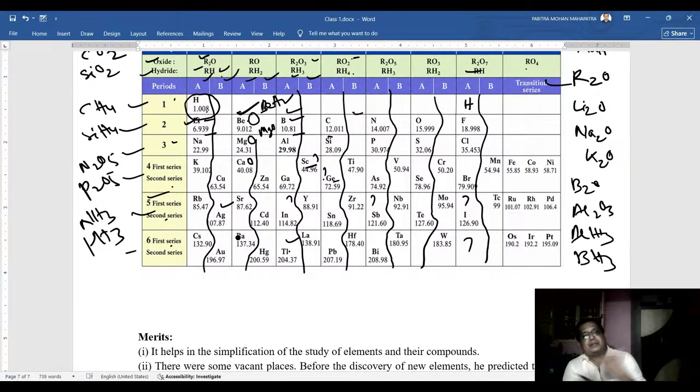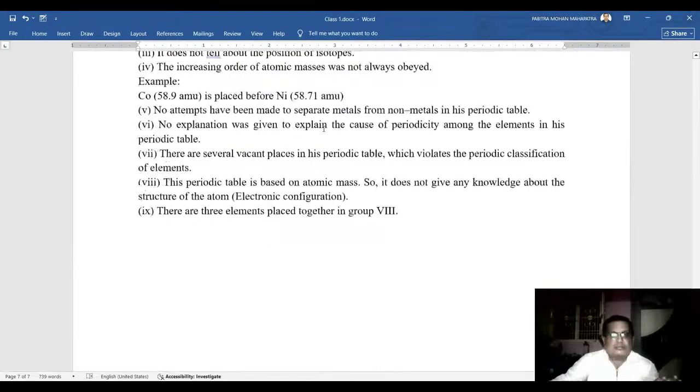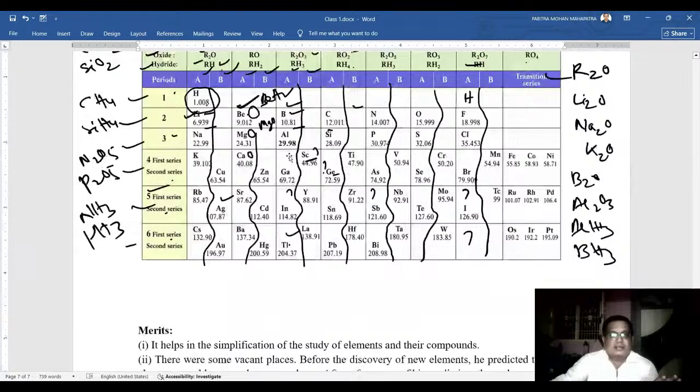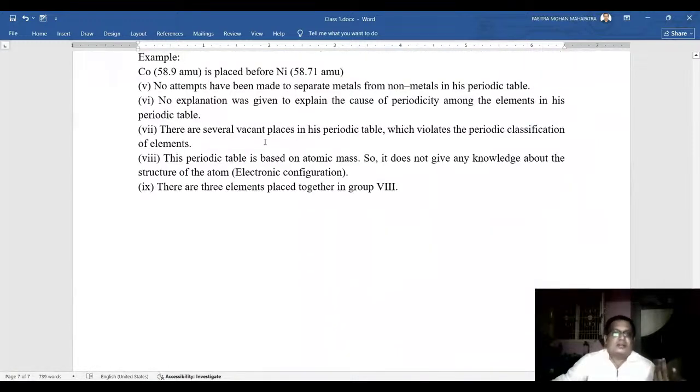Their groups and periods are different from each other. So this was also a demerit. Like this, another example is also found in this periodic table. Similar elements are few, no doubt, that are present according to their similarity, but some elements are present in different positions.